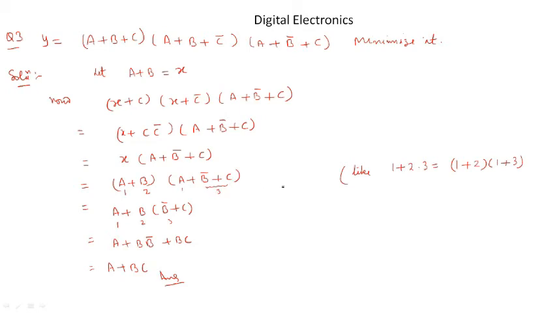So according to the distributive law, we can write it as a plus b, b bar plus c in bracket. It is like 1 plus 2 into 3 can be written as 1 plus 2 in bracket into 1 plus 3. So here a plus b, b bar plus c.